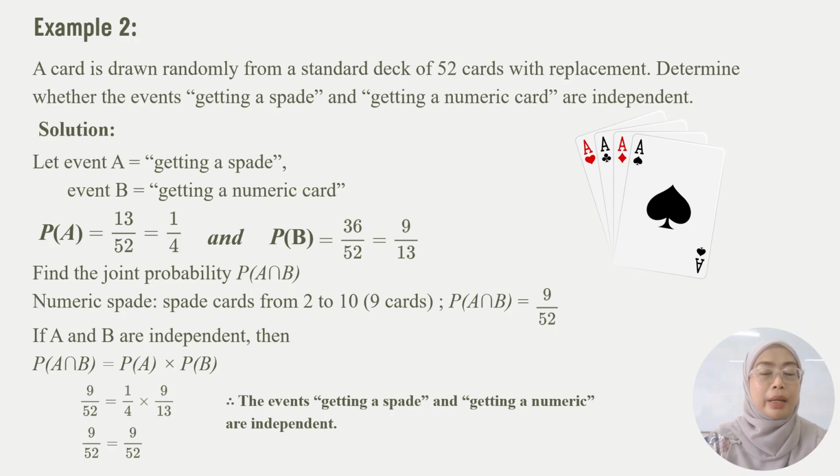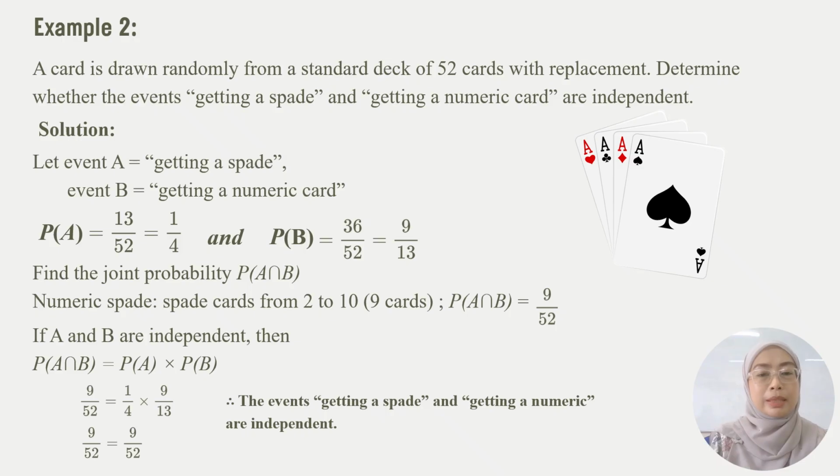If A and B are independent, then the probability of A intersection B must equal the probability of A times the probability of B. So, the probability of A intersection B is 9 over 52, and the probability of A times the probability of B equals 9 over 52.